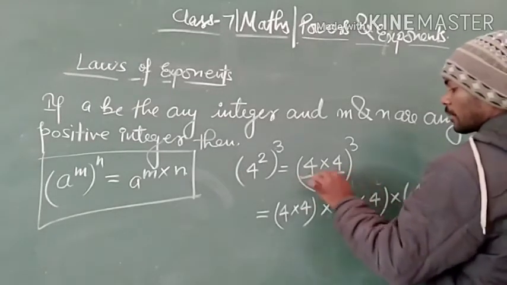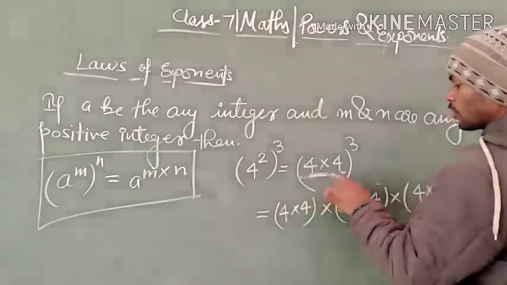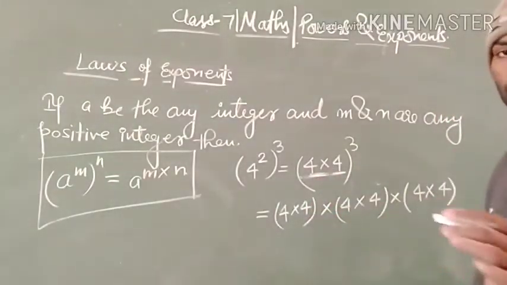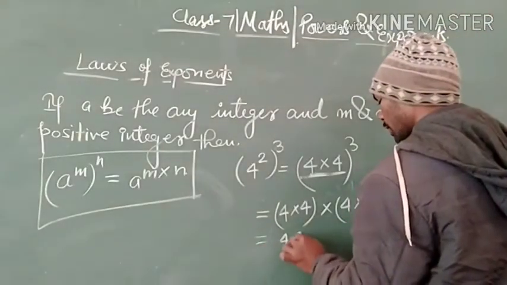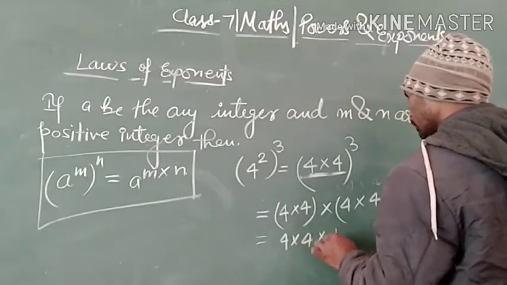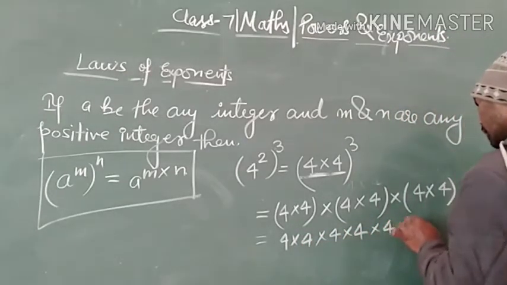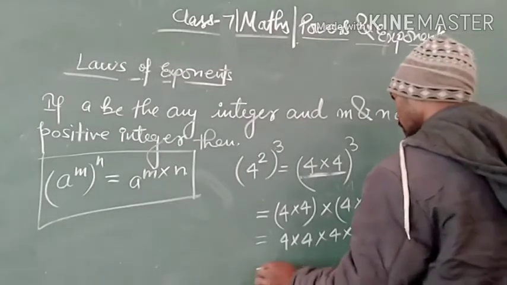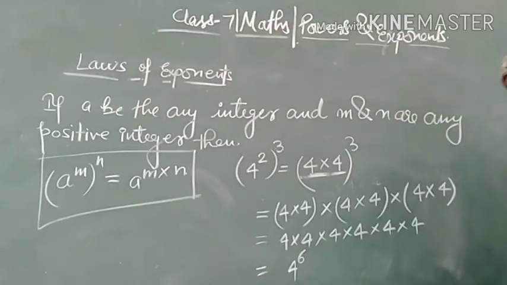Since the power is 3 of 4 into 4, therefore 4 into 4 is the base. So now here we get 4 into 4 into 4 into 4 into 4 into 4 is equal to 4 to the power 6. Okay? So therefore 4 to the power 6.